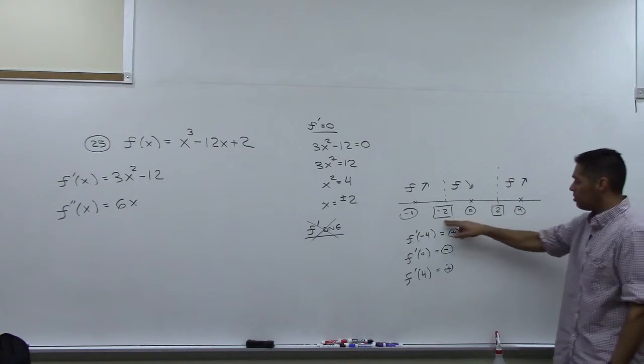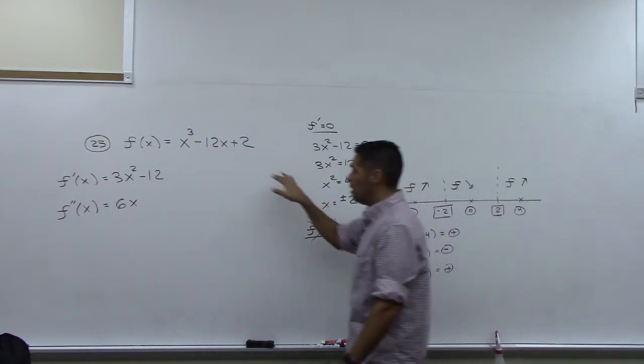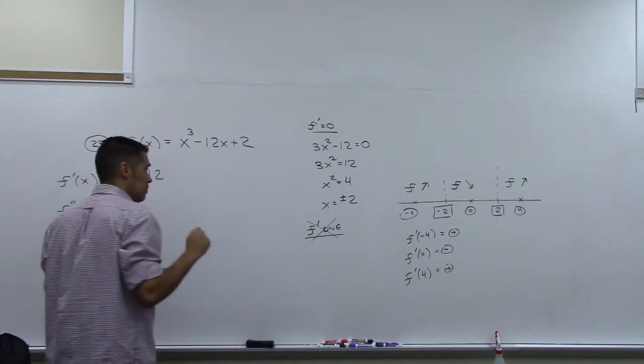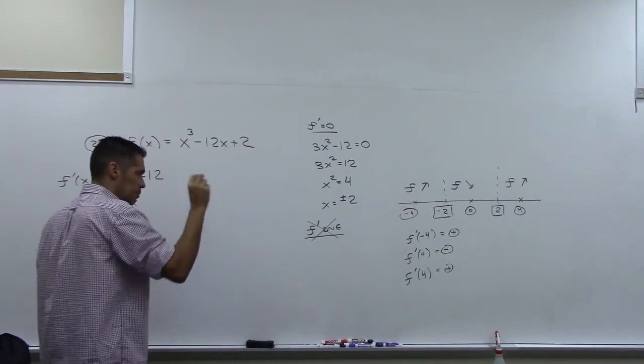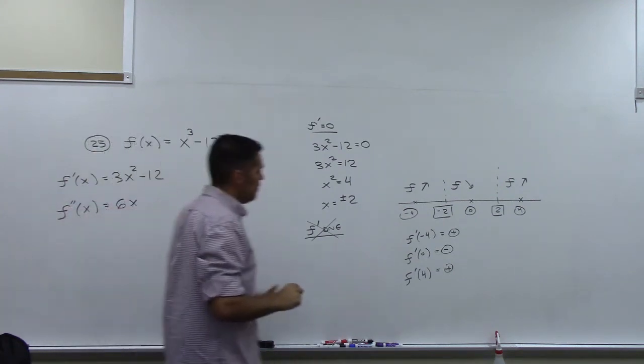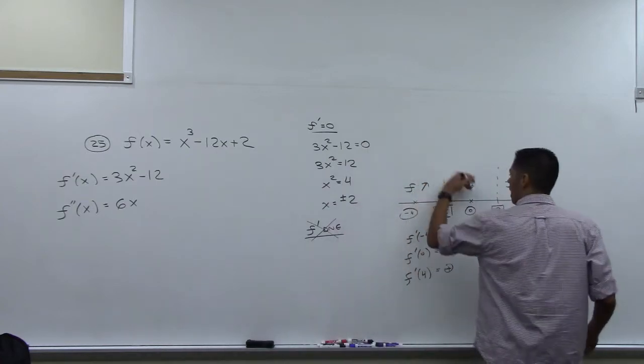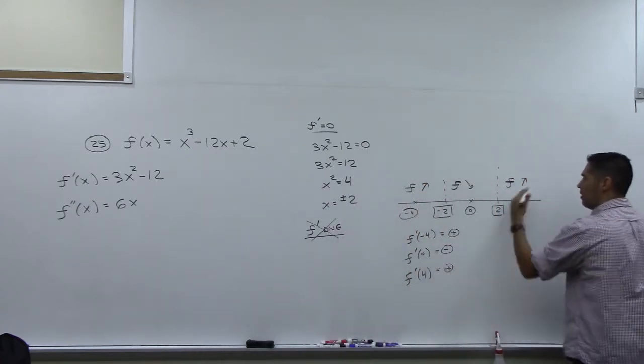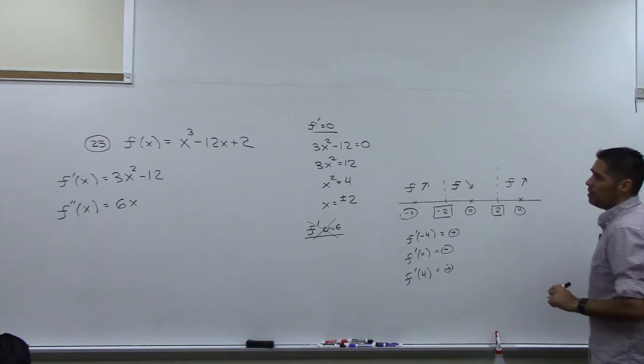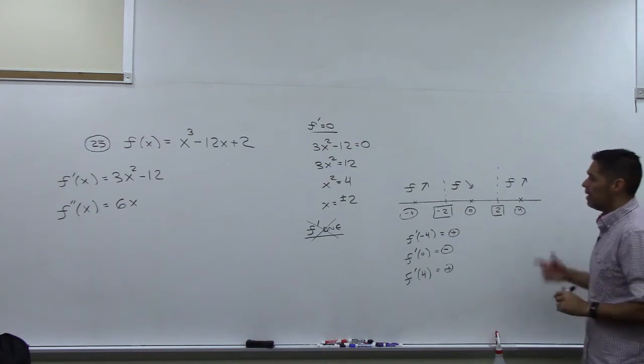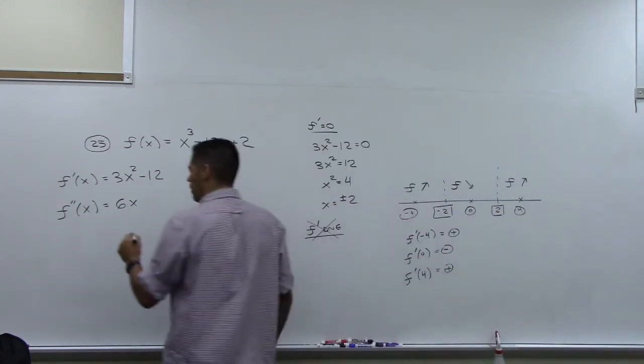Since these two numbers are actually in the domain of this function, those are dots, those are points on our graph. That means that when we go up and down, that will be a local maximum. When we go down and up, that will be a local minimum. So let me talk about first where it's increasing, and I'll put this information over here.